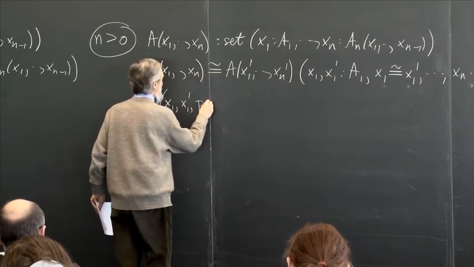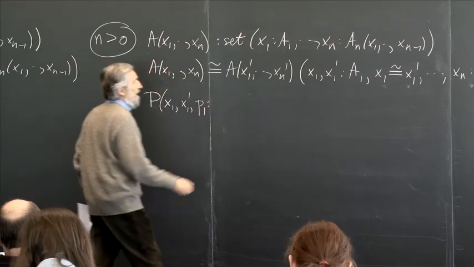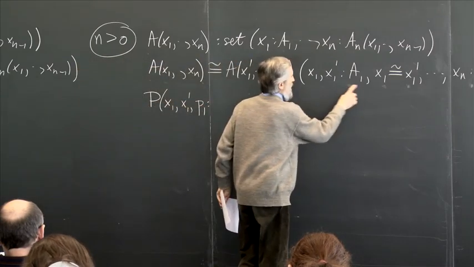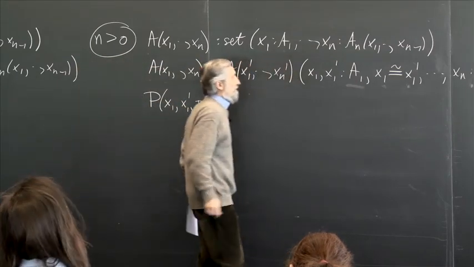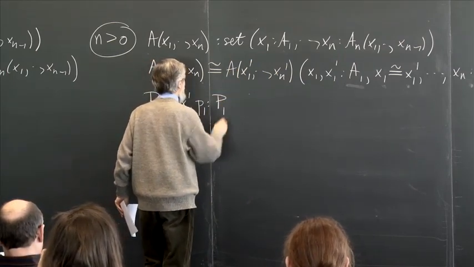And p1 should be a proof that x1 and x1 prime are related with respect to the relation that we have over a1. Let's call that p1.